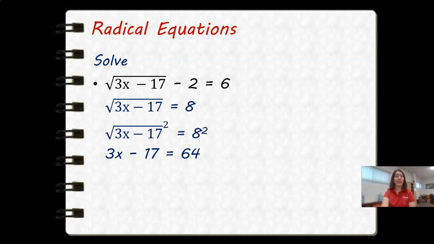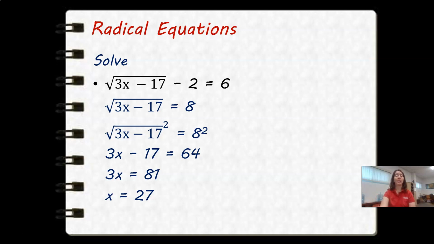Now I just have a basic algebra problem, and I'm ready for step number 3. I can continue solving for x. The first step in solving for x, I would add my 17 over, and that gave me 3x is equal to 81. And now I'll finish by dividing by 3, and I think the answer is x is equal to 27. Again, before I say that's my final answer, I need to check it.